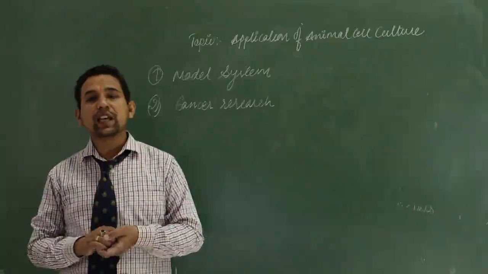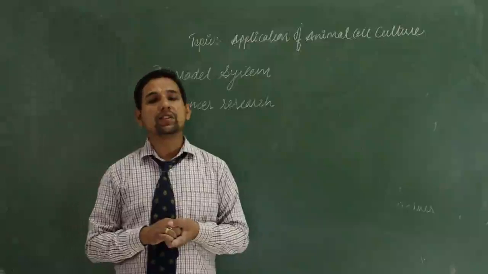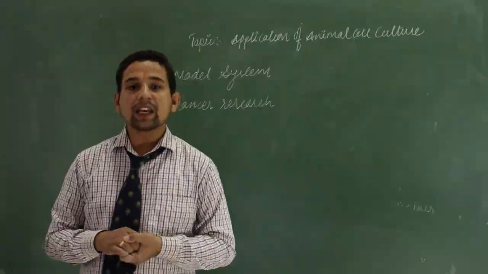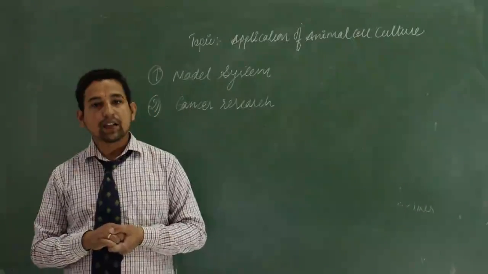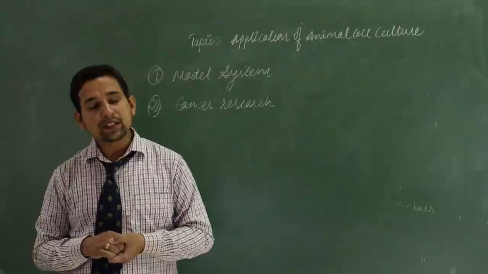As both can be cultured in the laboratory, normal cells can be converted into cancerous cells by using radiations, chemicals and viruses. Thus the mechanism and cause of cancer can be studied.